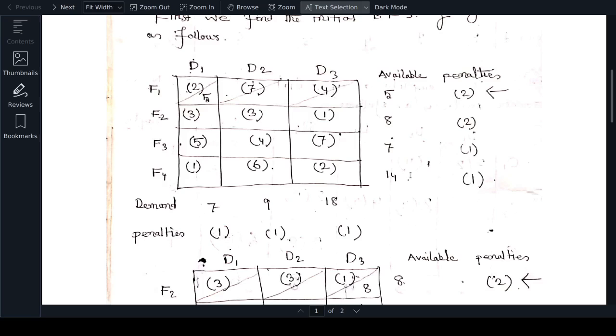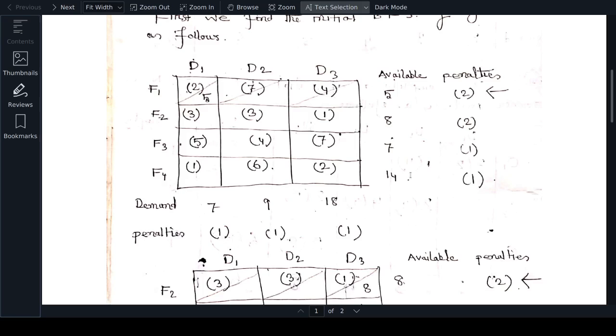Next, you again find out the penalties by a similar method. Same as earlier. In the first row, lowest cost is 1, second lowest cost is 3, difference is 2, so penalty is 2. In the second row, lowest cost is 4, second lowest cost is 5, so 5 minus 4 is 1, so penalty is 1.